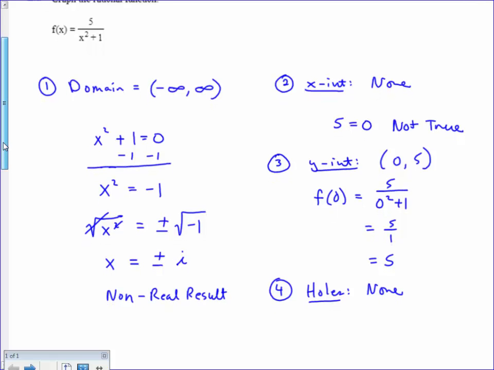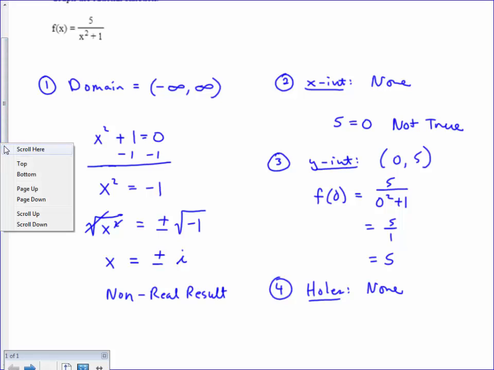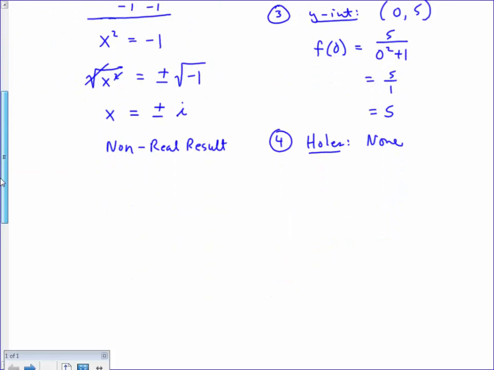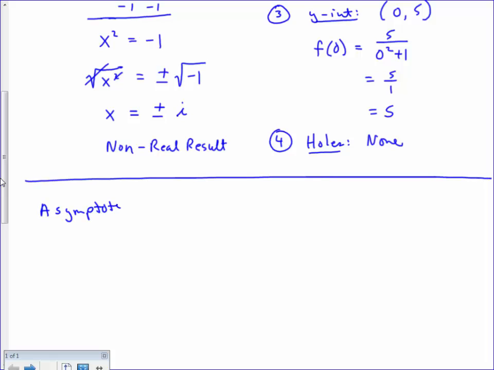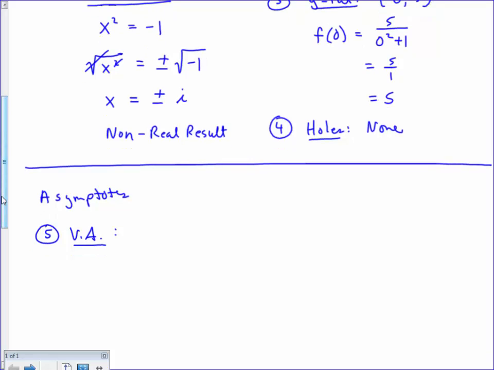All right, looking at step 5, we'd start talking about finding asymptotes. Step 5, we look at vertical asymptotes. Vertical asymptotes are found by setting the denominator equal to 0 after you factor and cancel. Well, nothing factored and canceled, and setting the denominator equal to 0, we've done before.